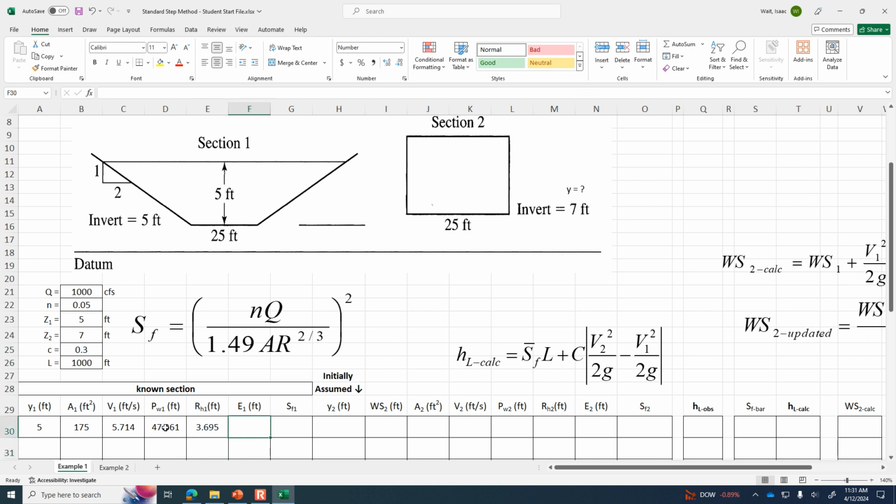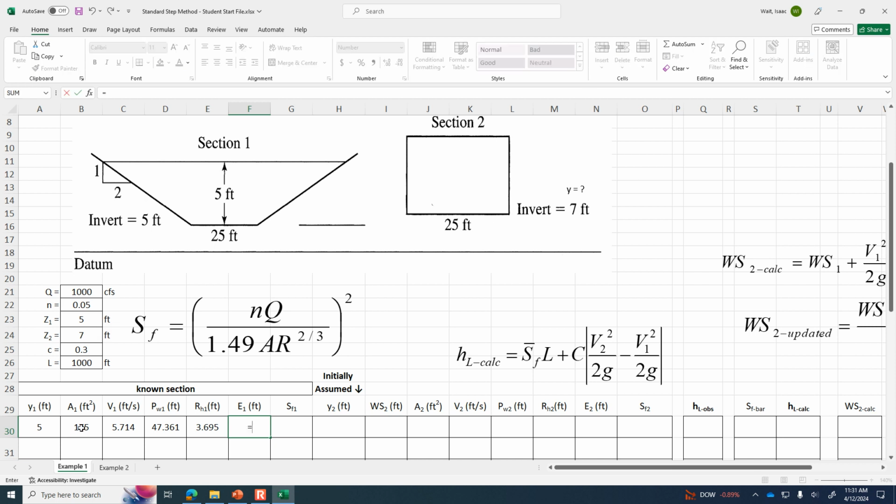All right, now energy. Energy exists at section 1, which is the downstream section. It is the velocity head plus the delta Z and the Y. So we need to add together the Z1, Y1, and velocity head.